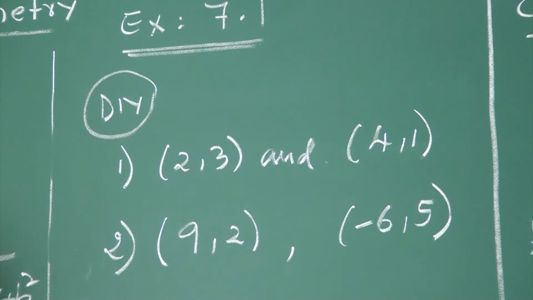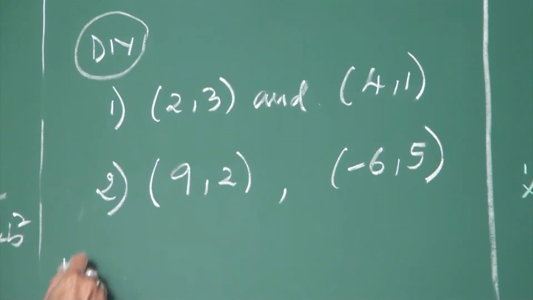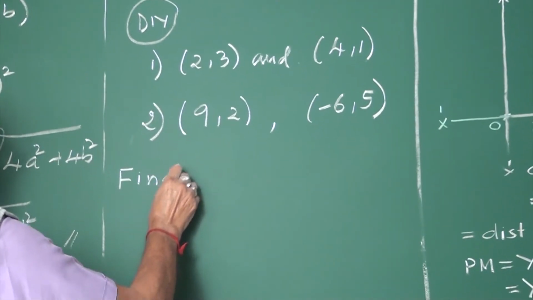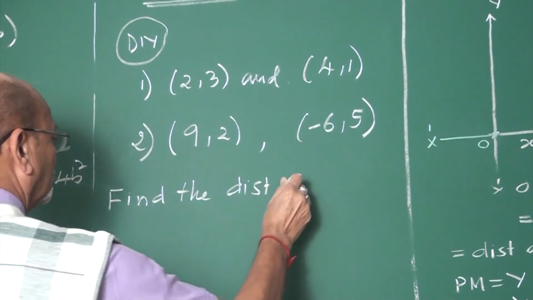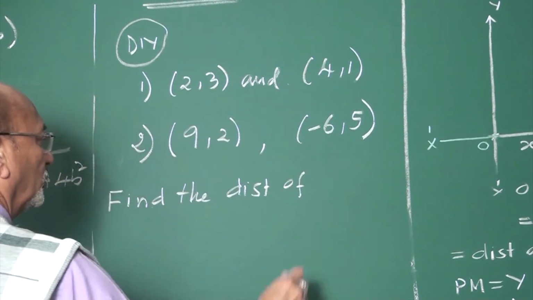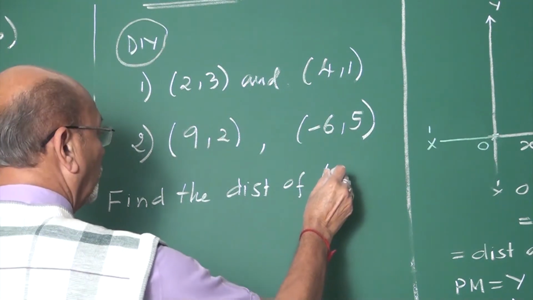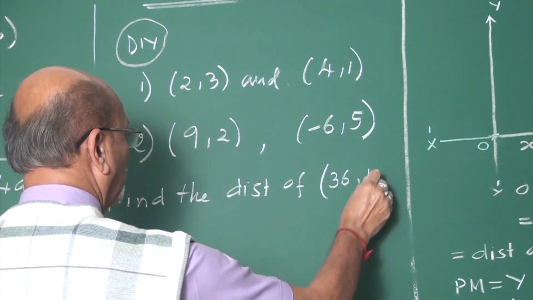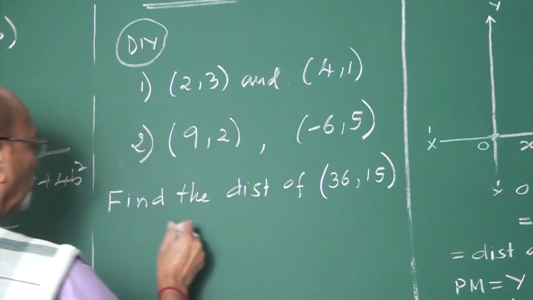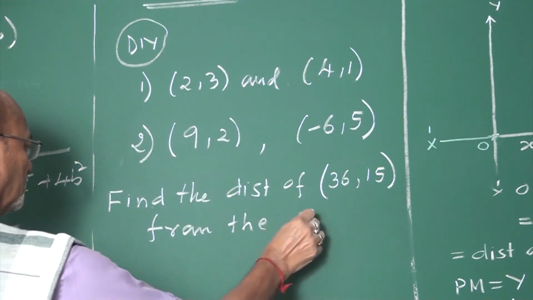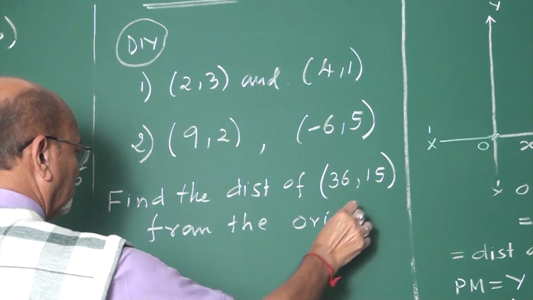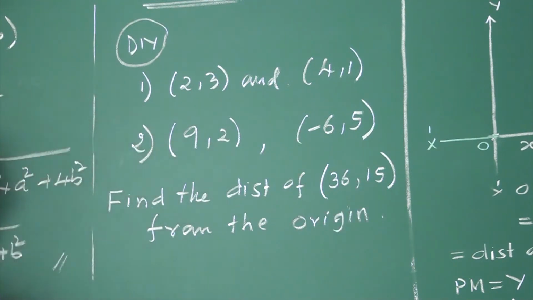Next example is find the distance of the point 36, 15 from the origin. Yes, we require the distance.